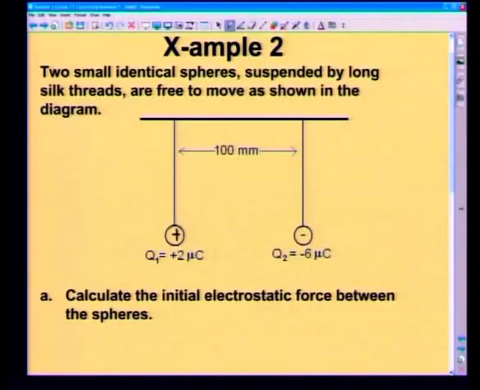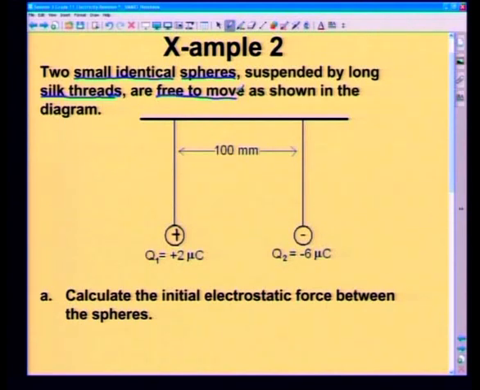Now let's quickly have a look at an example. Example 2. We've got two small identical spheres. Identical means they are the same in all respects. These two spheres are suspended by long silk threads, and they are free to move as shown in the diagram here.